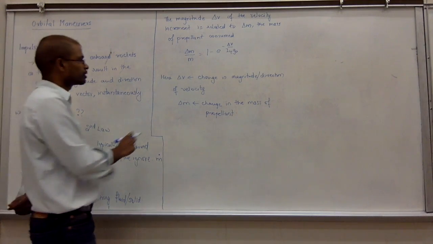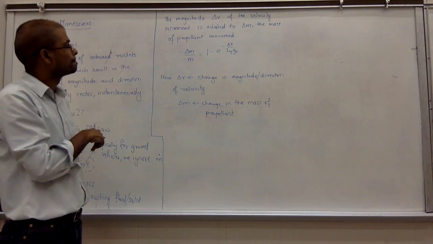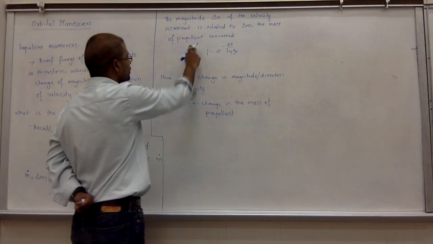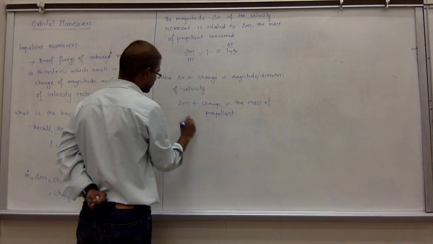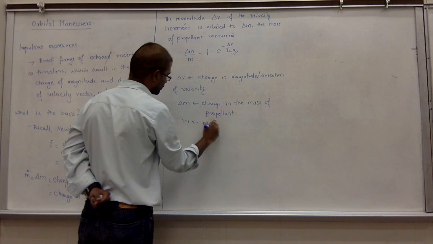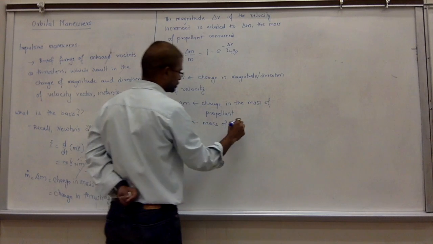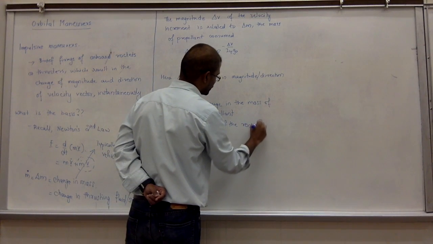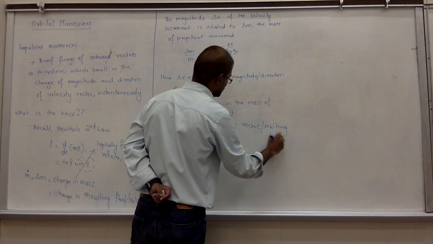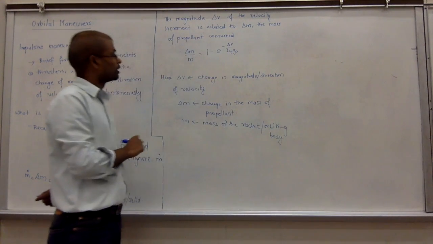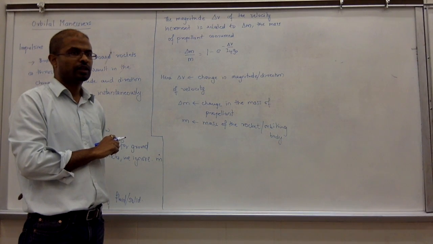Right. So this is called the ideal rocket equation. Okay. So here delta M is change in mass, M is the total mass. You can say it is rocket or orbiting body. What is the difference between rocket and orbiting body? Can an orbiting body be a rocket?